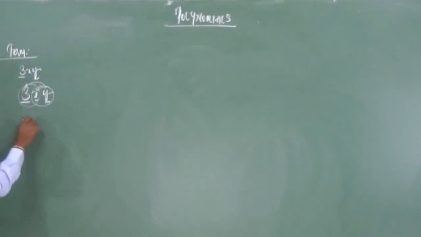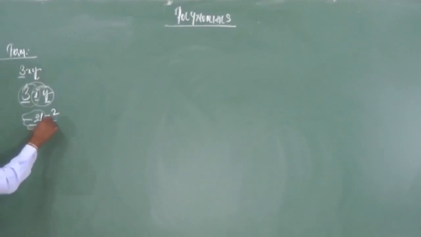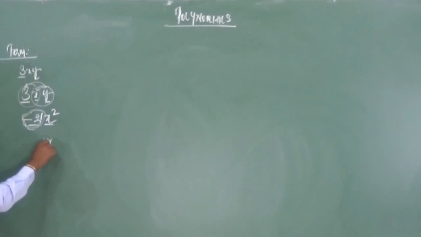Particularly, for example, minus 21x square. In this, the numerical coefficient of x square is minus 21 and the literal coefficient of minus 21 is x square. For example, I just write x.